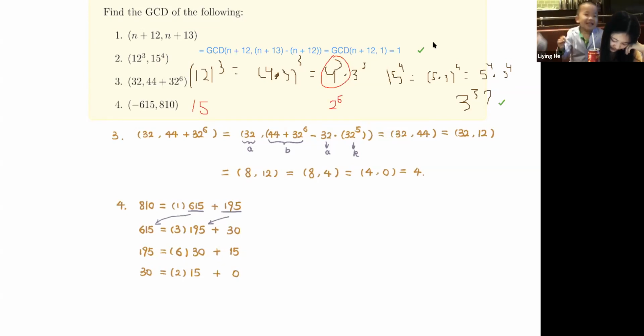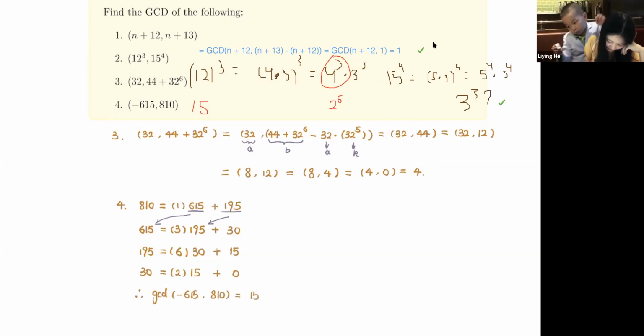So we reached 0 already, and this number is going to be our GCD. Therefore, the GCD of 6, 15 and 8, 10 equals 15. So this number is what we're looking for. Any question?